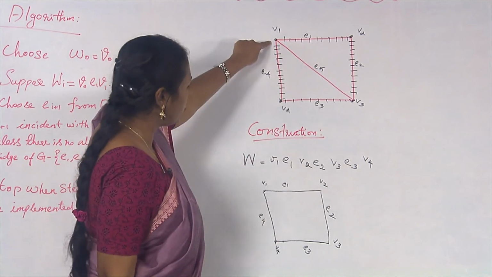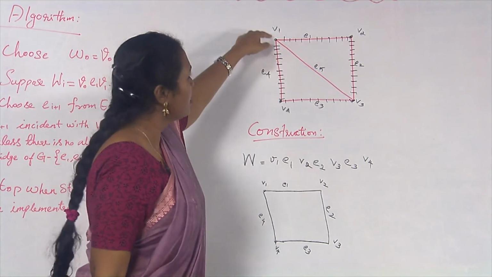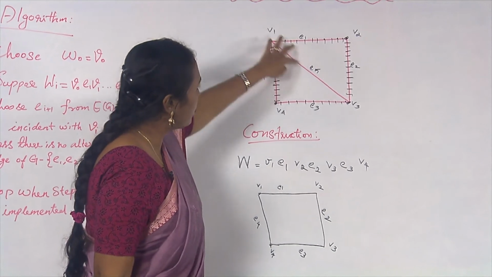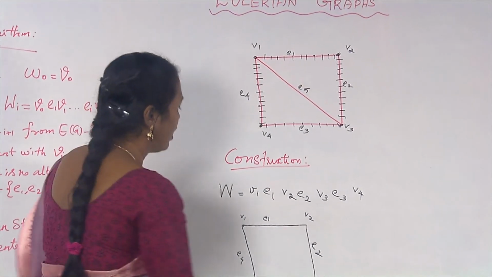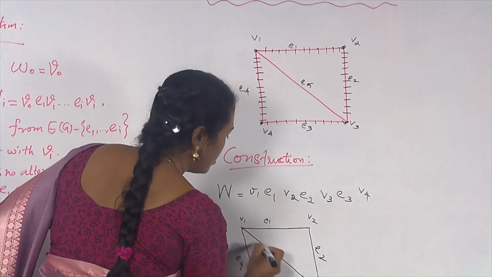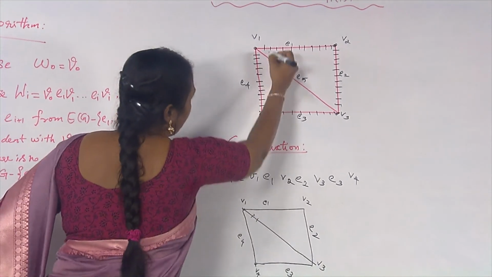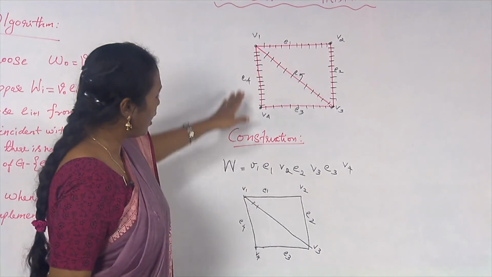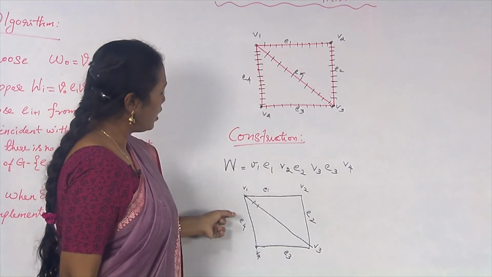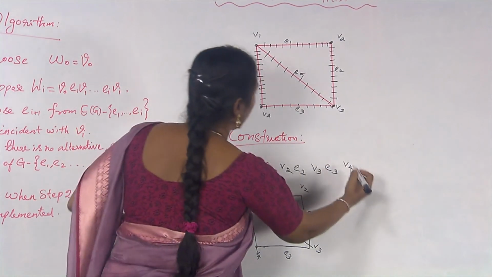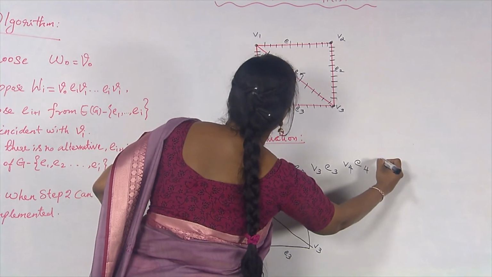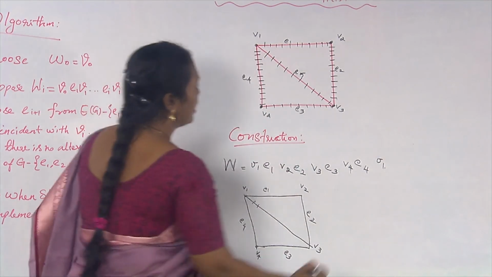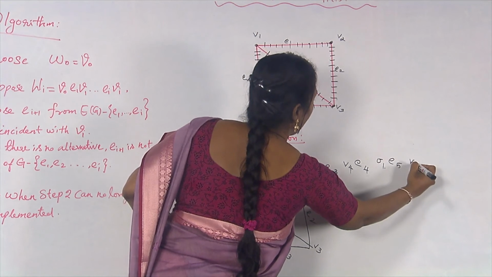So, I have come back to V1, that is allowed, but I have only one more edge left here. So, E5, I am choosing that here, and I am removing this edge also. Therefore, from V4, E4, V1, and finally E5 and V3.